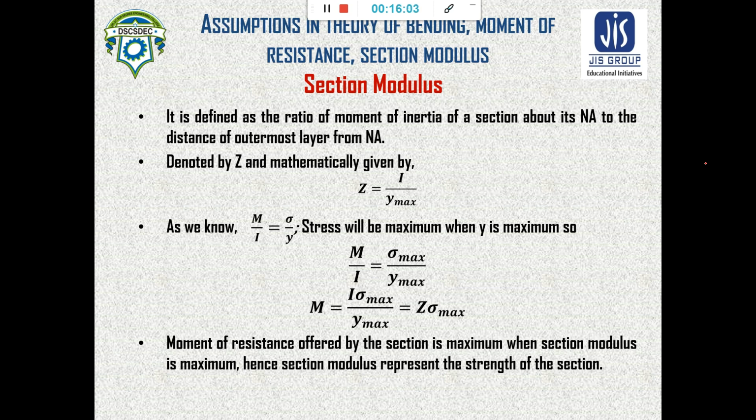That gives M is equal to I by y max into sigma max, that is Z sigma max. So the moment of resistance offered by the section is maximum when the section modulus is maximum. Hence the section modulus represents the strength of a section.